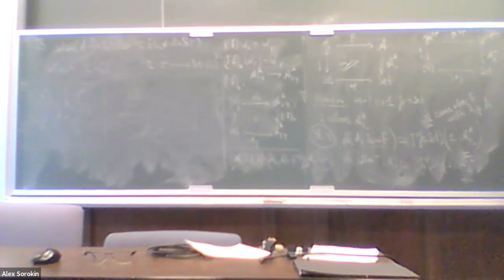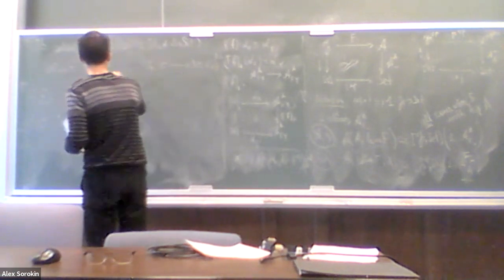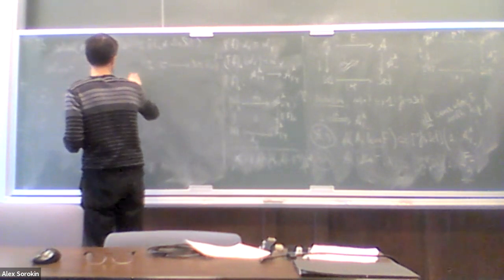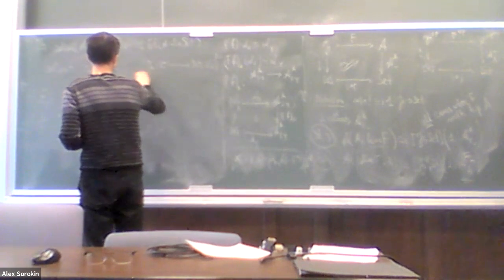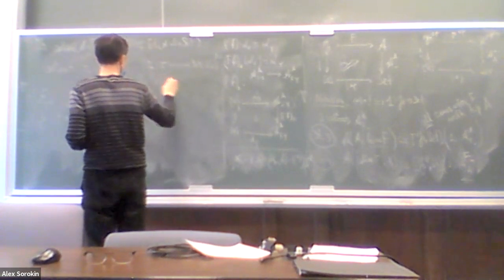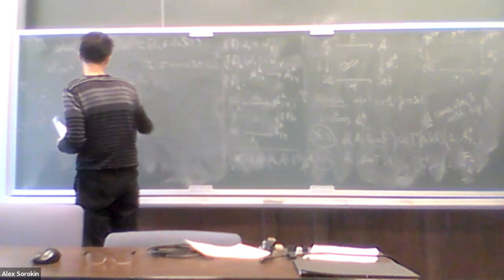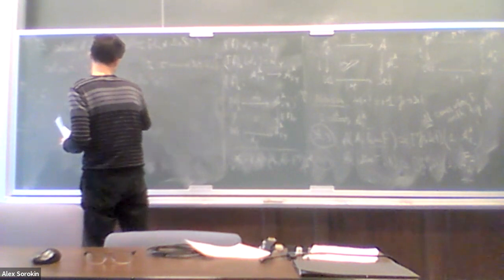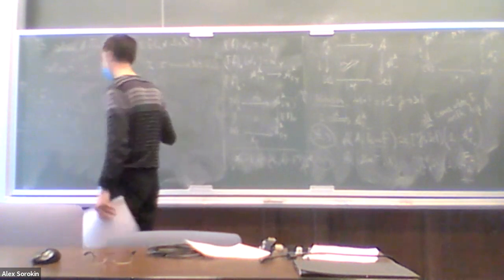What was L? Sorry, yeah. L, category of elements. Category of elements you are taking. So I will remind that L of F, in set, has objects. So what are the objects?